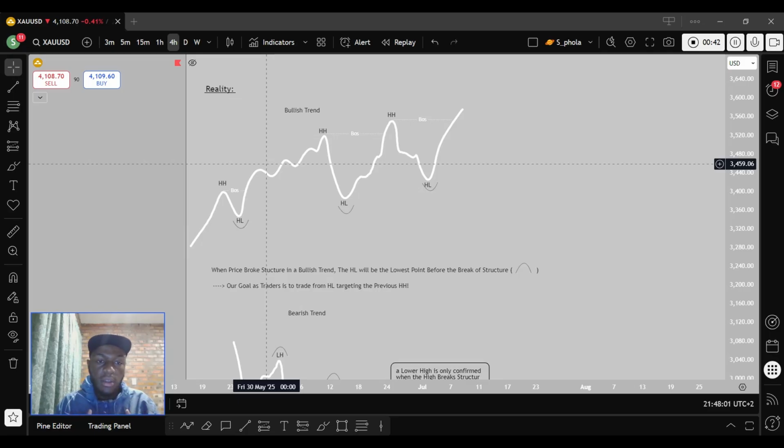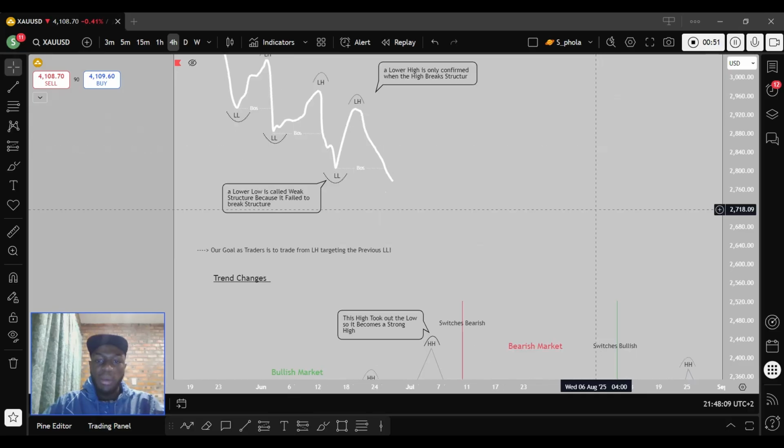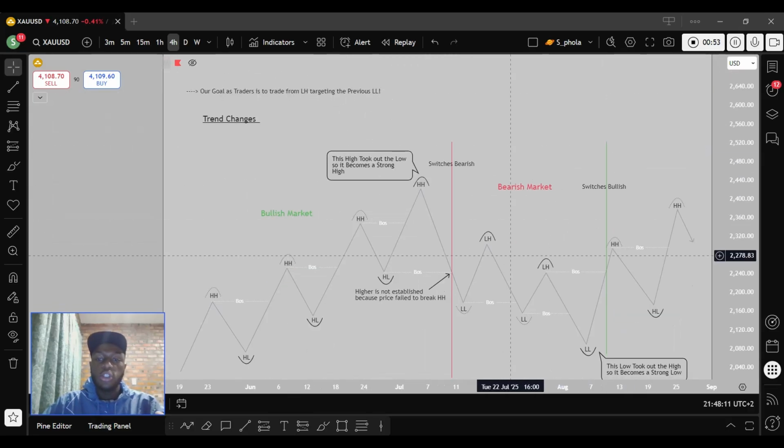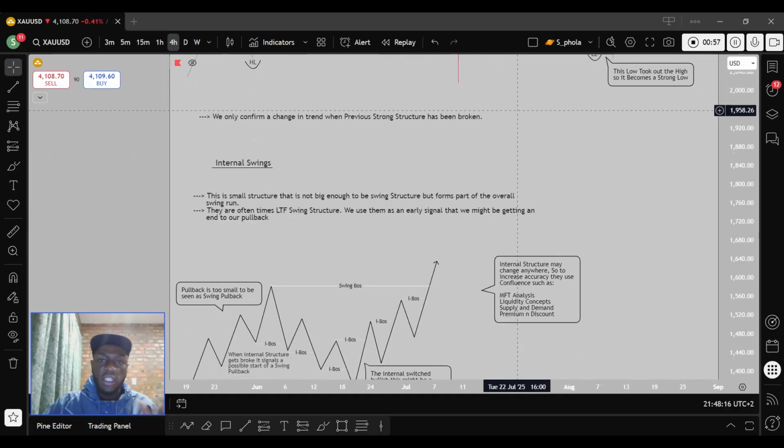We call those internal swing structure, understand? Which is basically structure that forms the overall swing structure.